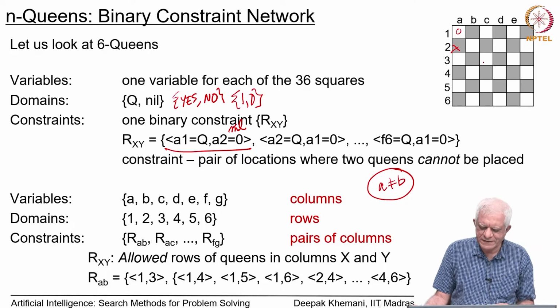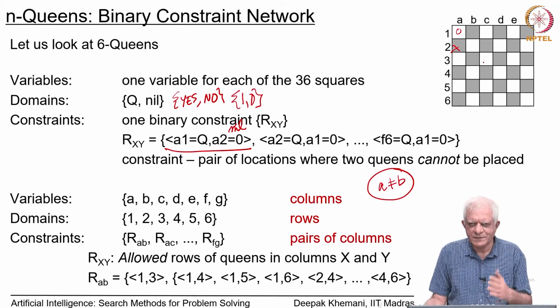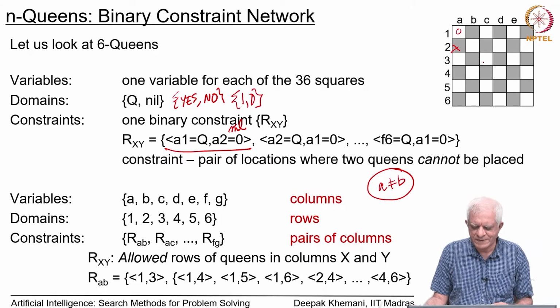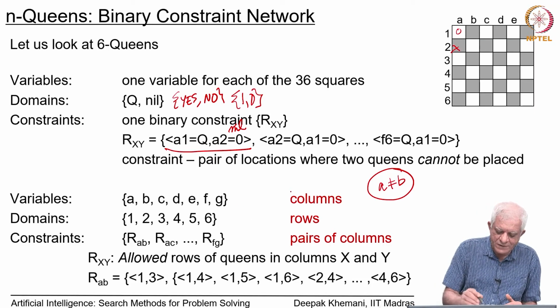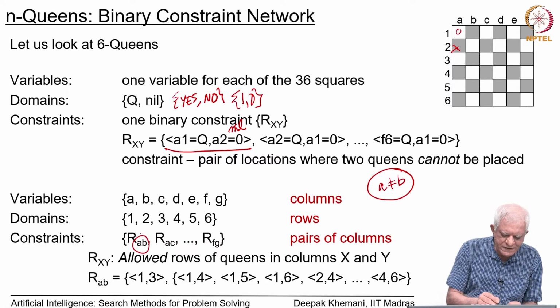Likewise, you can try and express other constraints. For example, diagonals are not so hard to express, but we will not get into that. We are looking at explicit representations, so let us focus on that. Our variables are the columns, our values are the rows. So, columns stand for queens and rows stand for which row the queen will be placed, and the relations are binary relations between every pair of queens essentially.